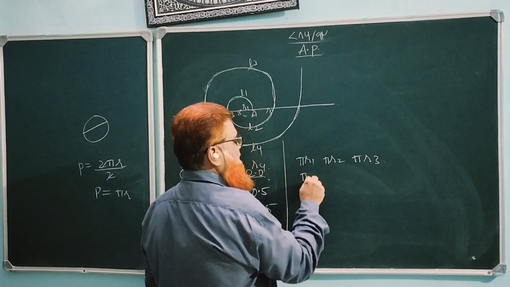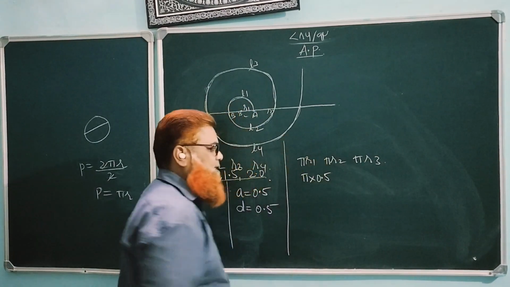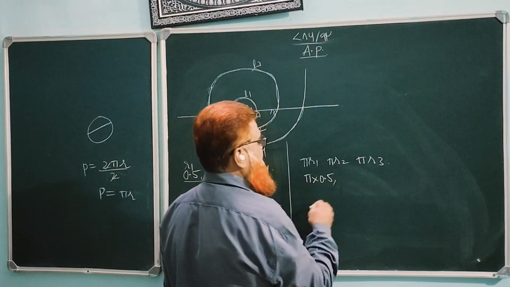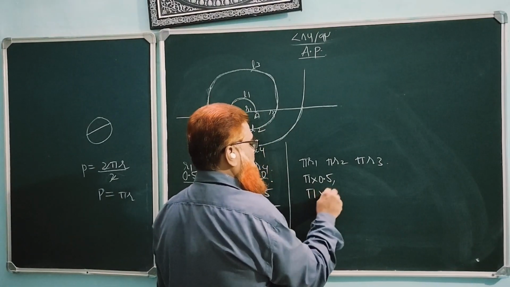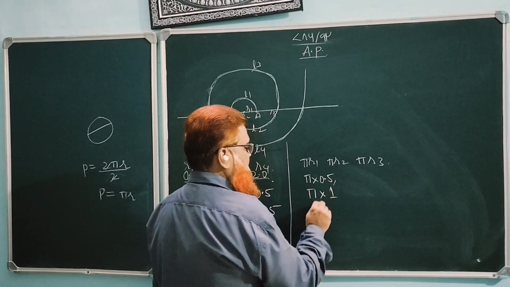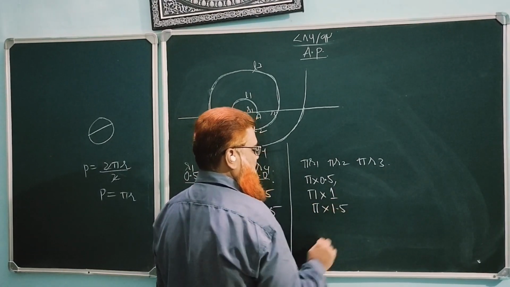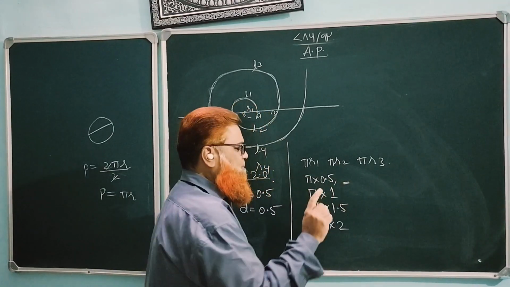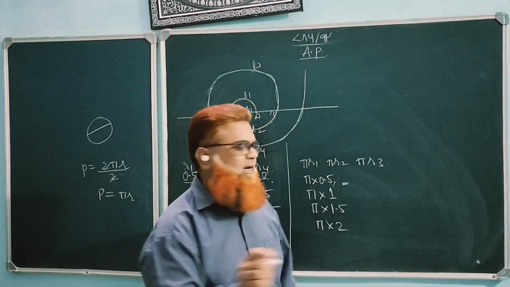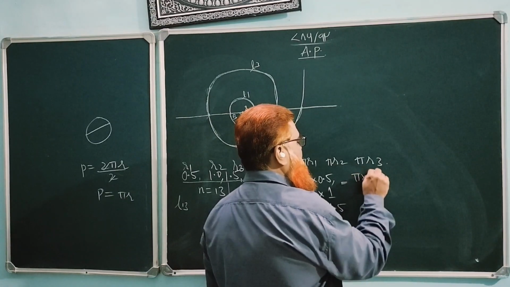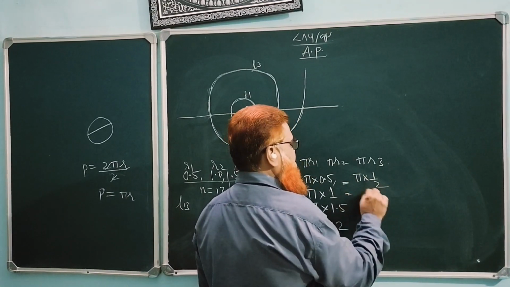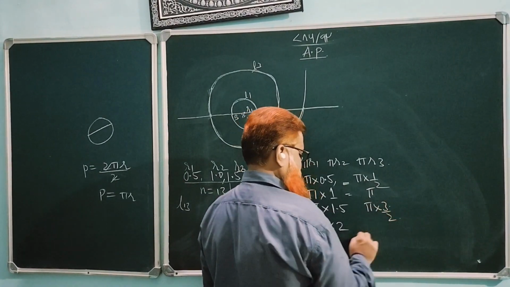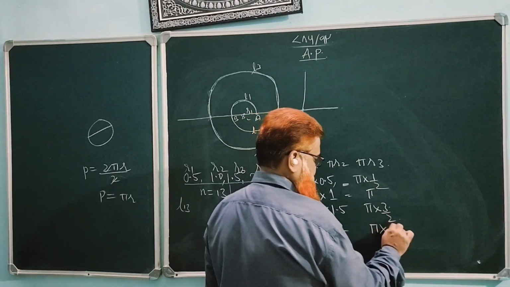The first term of the AP is pi into 0.5, then pi into 1, pi into 1.5, pi into 2. 0.5 can be written as 1 by 2, so pi into 1 by 2, pi into 3 by 2, and pi into 2.